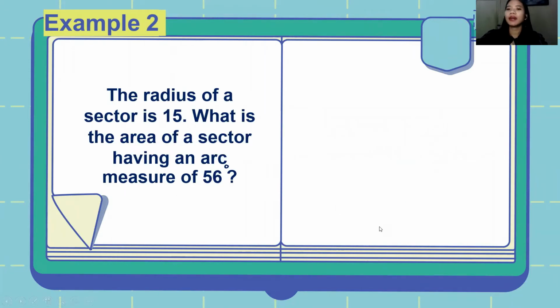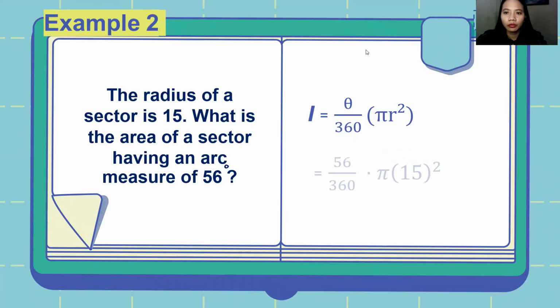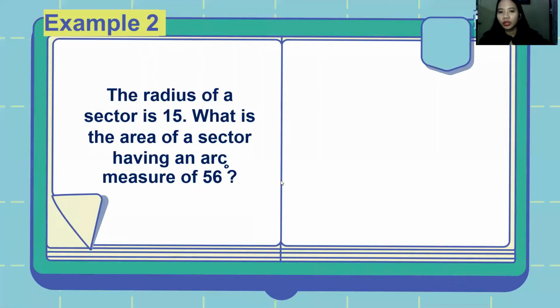In example 2, the radius of a sector is 15. What is the area of the sector having an arc of 56 degrees? Here, we will use the formula of the area of the sector since it is the unknown. The area of the sector is equal to theta over 360 times pi r squared.